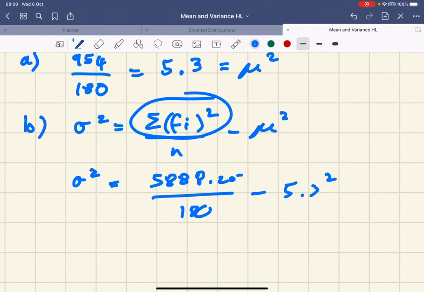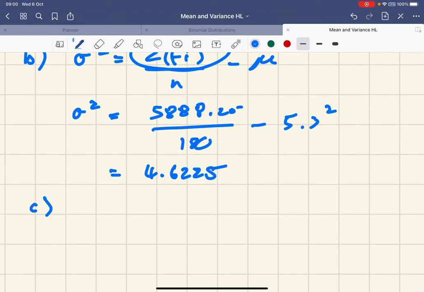So I'll do that one on my calculator right now. So that gives me 4.6225. And then for the last one, the standard deviation, I just square root that number that's in my calculator, and that gives me 2.3.